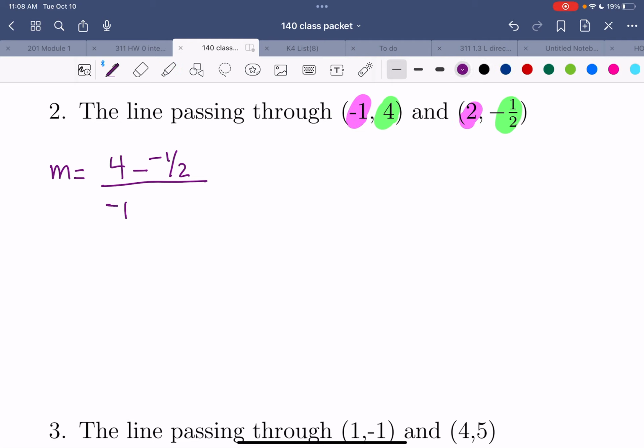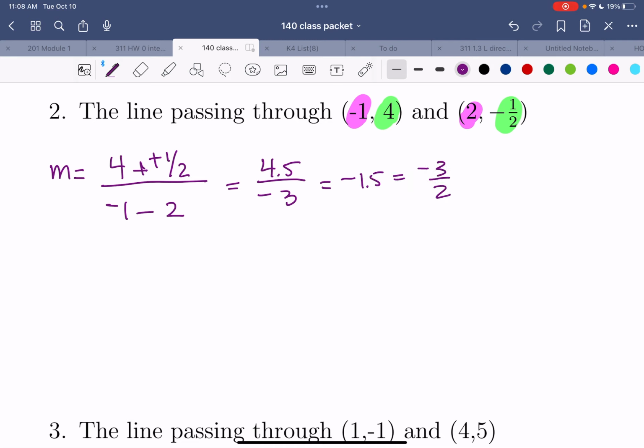So -1 minus 2. Okay, 4 plus 1/2, so that's 4.5. And -1 minus 2 is -3. If you take 4.5 divided by -3, that gives you -1.5, which I would write as -3/2.